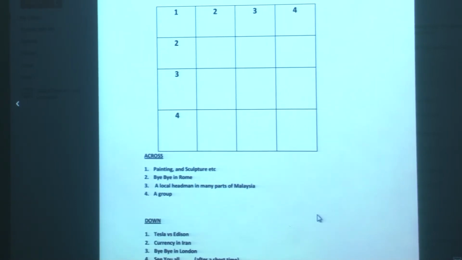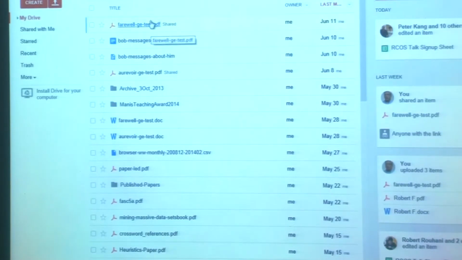And so arts, AC/DC, Ciao, Ta-ta, and the third across is a local headman in many parts of Malaysia. That's too much crossword. That is Dato. So everything fits in. So that is one.